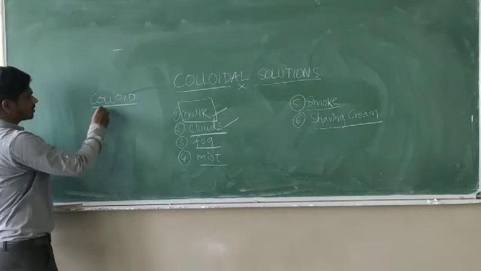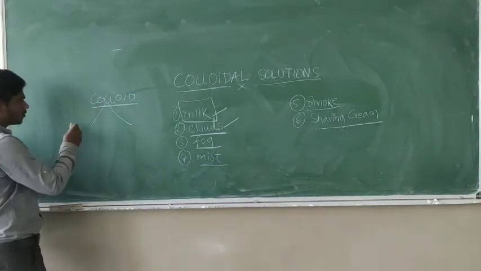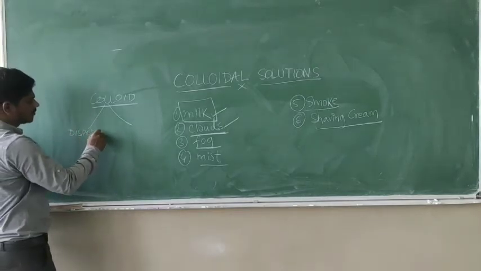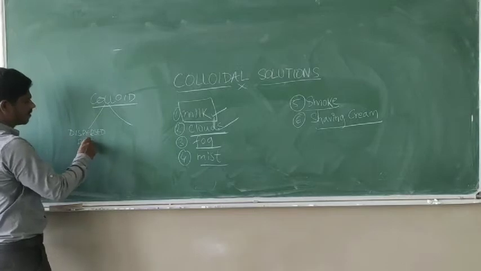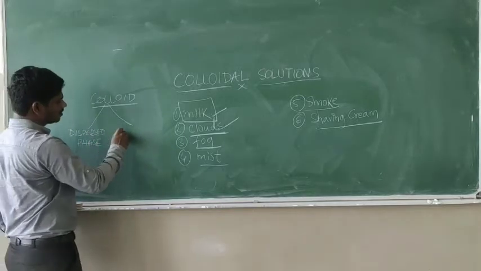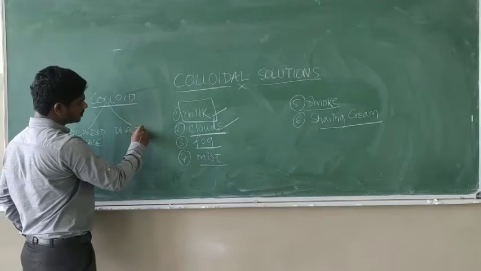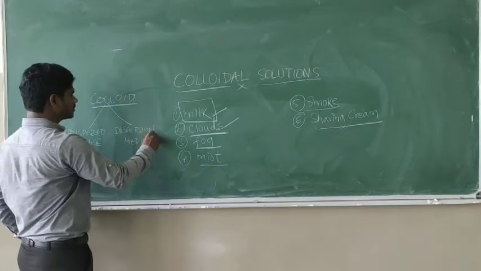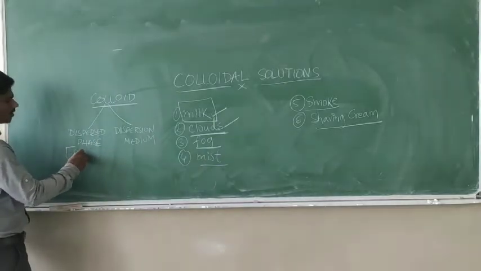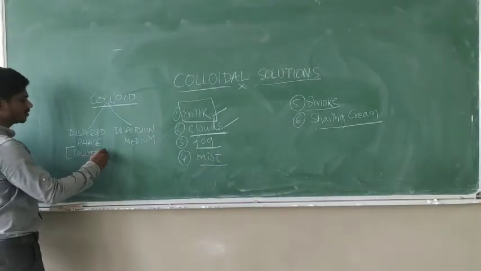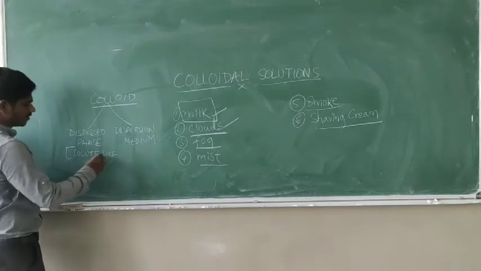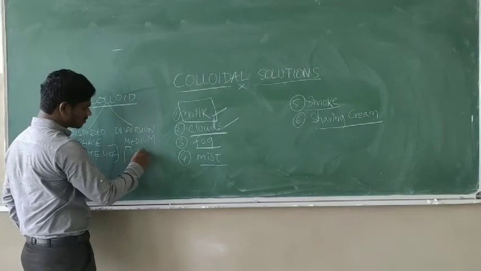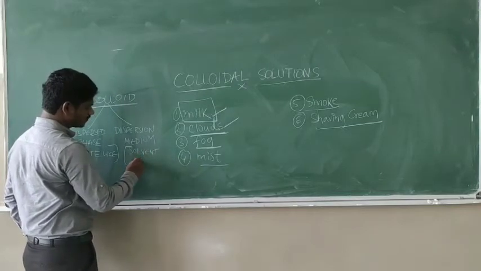A colloid, just like a solution, has two parts: a dispersed phase and a dispersion medium. The dispersed phase is like the solute-like component, whereas the dispersion medium is the solvent-like component.